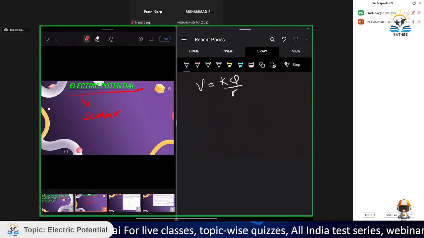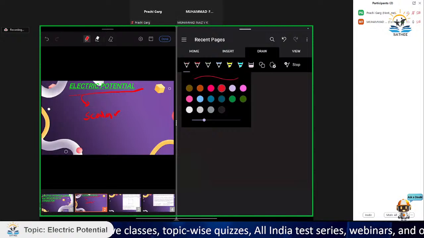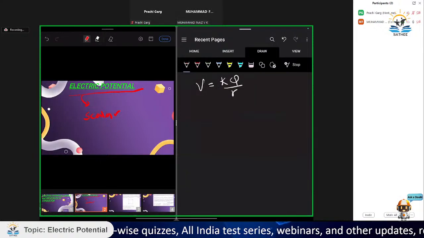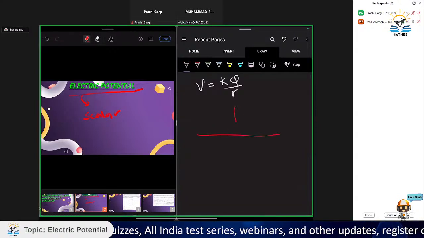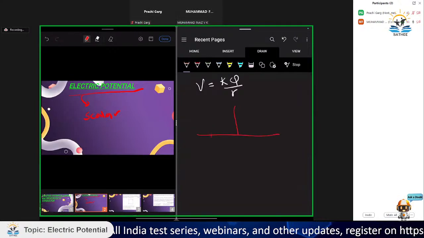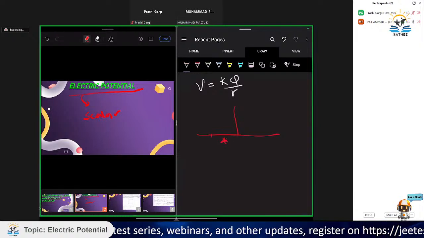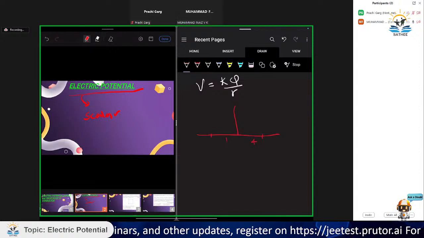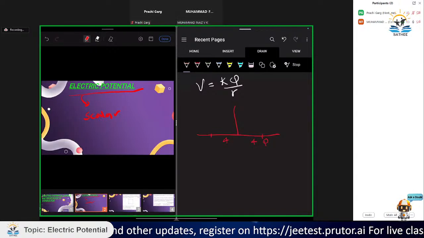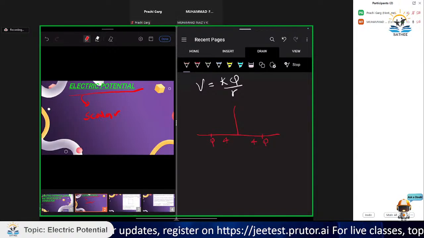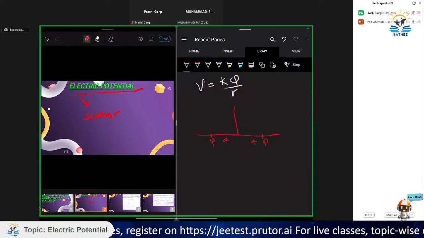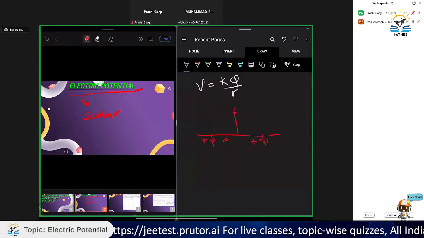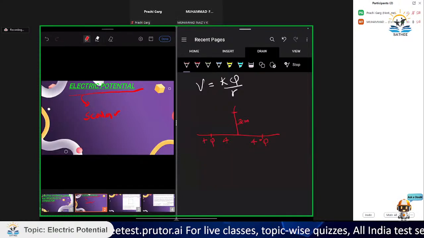So see, for an example, suppose at 4 centimeter distance on both sides we have a Q charge. Suppose here it is minus Q and here it is plus Q. What is the potential at 3 centimeter along y axis?